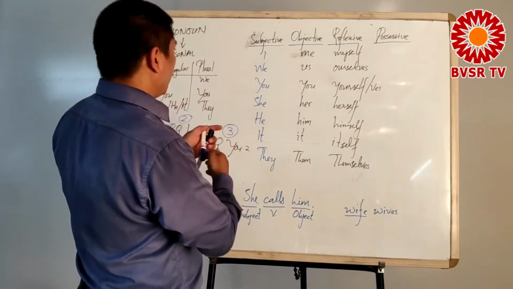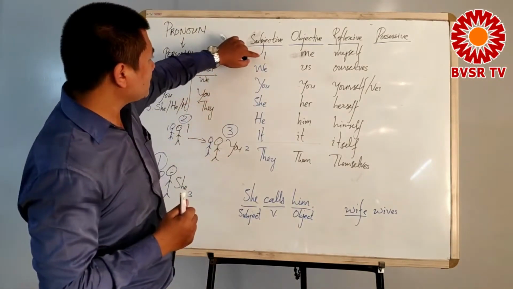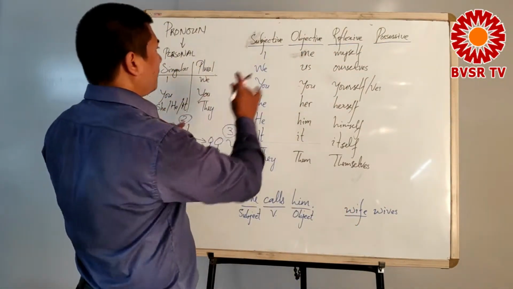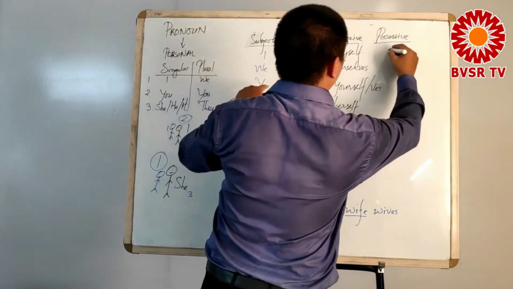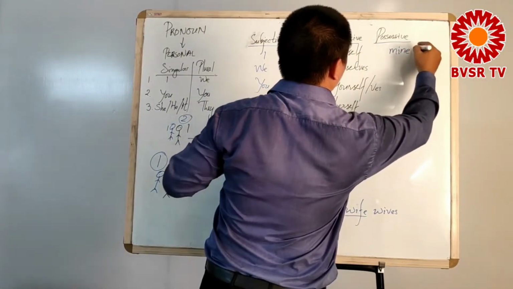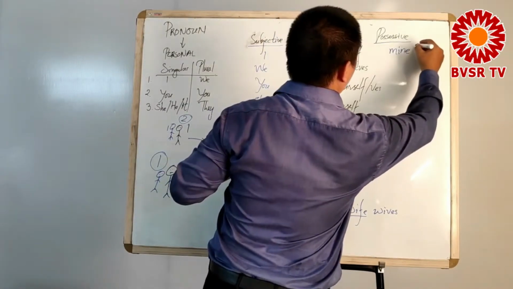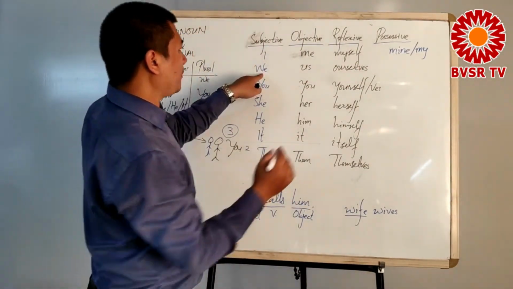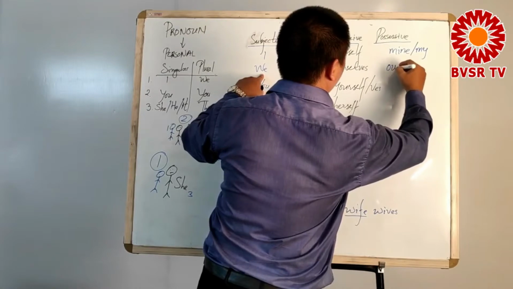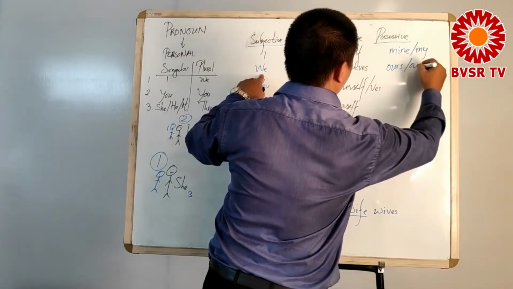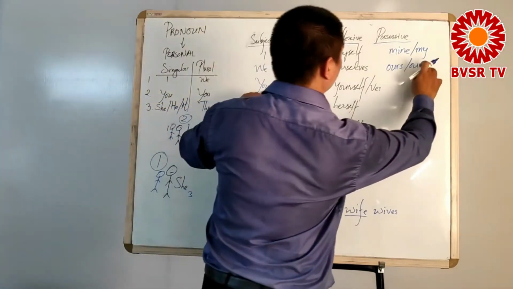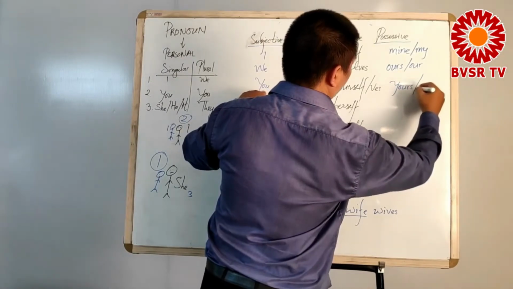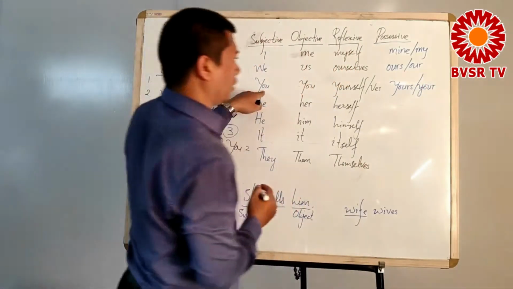Let us convert the subjective into possessive. In possessive, it should be mine, M-I-N-E. For we, the possessive will be ours, or you can even say our. For you, the possessive will be yours, or it can even be your.